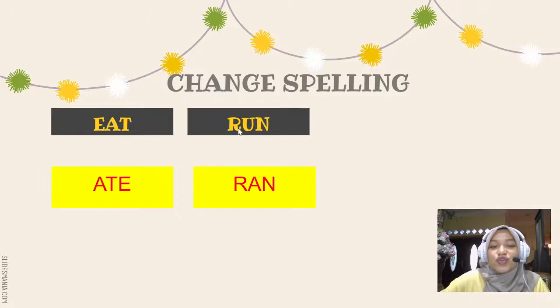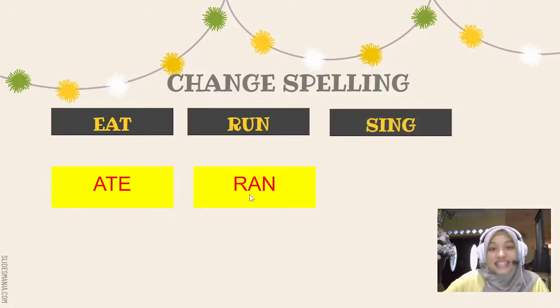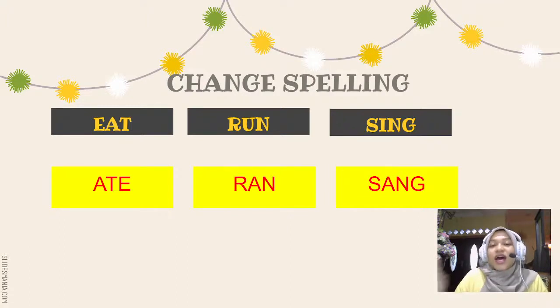See, a different spelling. The next one, sing becomes sang. So these two rules you need to remember. All the verbs have their own spelling, their own rules when changing from present tense to past tense.